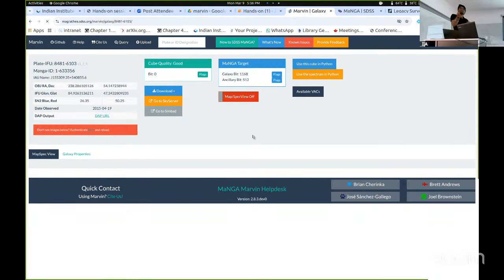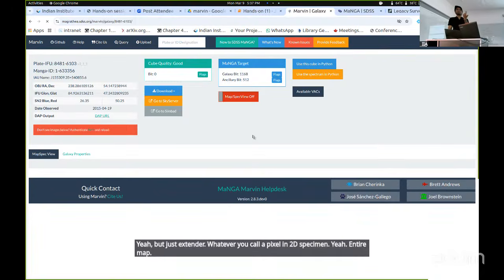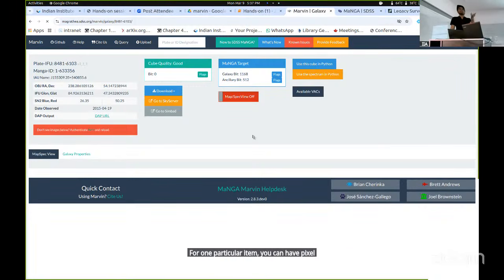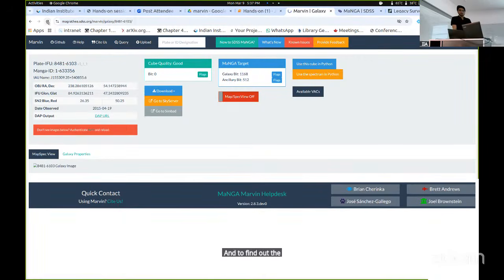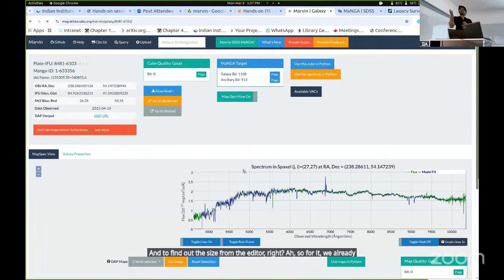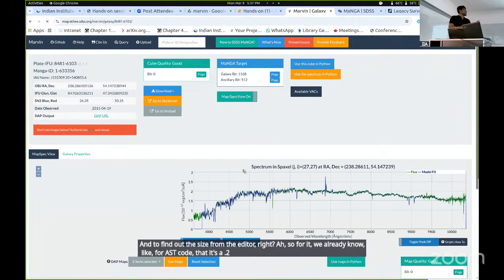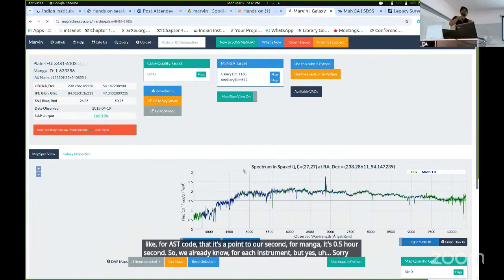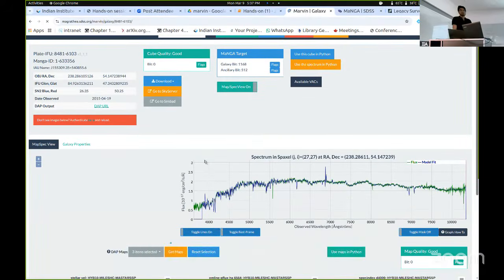Whatever you call a pixel in 2D, a spaxel is the 3D equivalent. How do you find out the size in arcseconds? From the header. For each instrument we already know the pixel size, what area of sky it covers: for MUSE it's 0.2 arcsec, for MaNGA it's 0.5 arcsec. It is also given in the header.